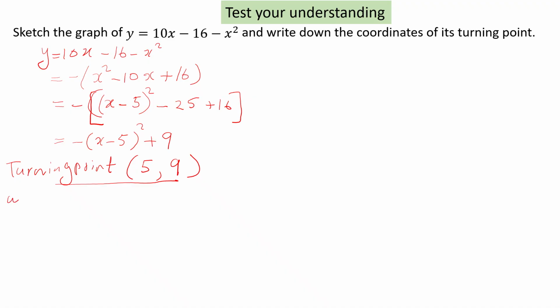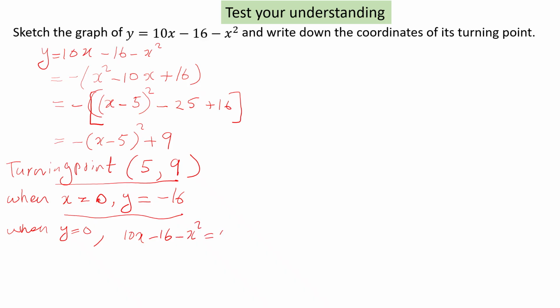Next, when x equals 0, find the y value. When x equals 0, y equals negative 16. Another one: when y equals 0, find the x values. So 10x minus 16 minus x squared is equal to 0.